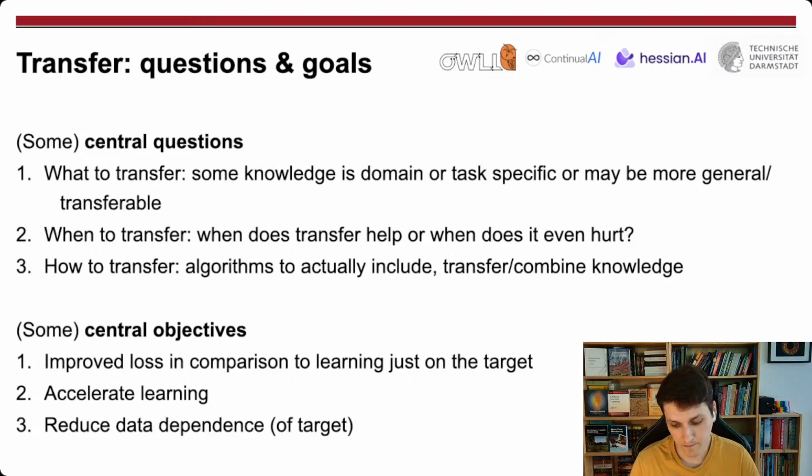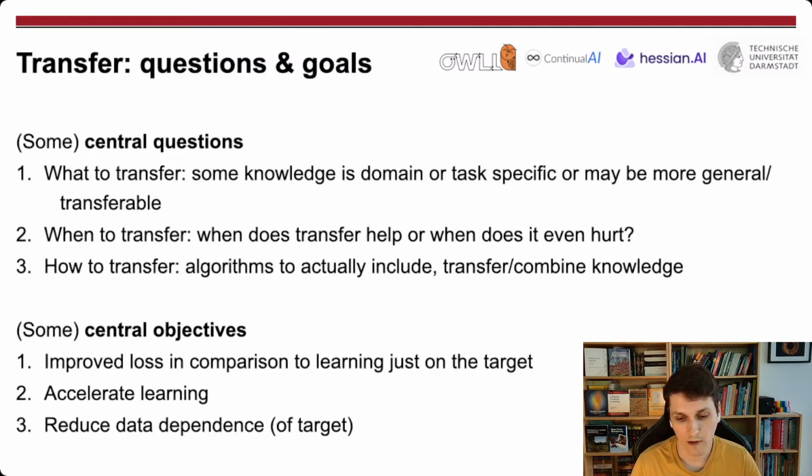So the intuition that the majority of you will have is that if we think of transfer learning and why we want to do transfer learning, it's that first training on the source task and then training on the target task will eventually improve the loss or the measure of accuracy, in contrast to just training on the target task.